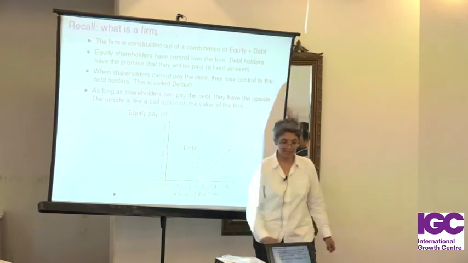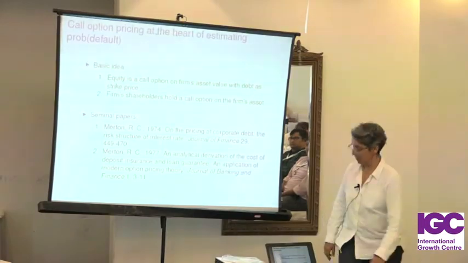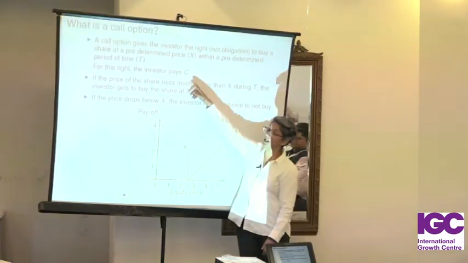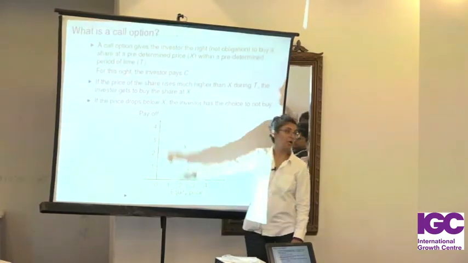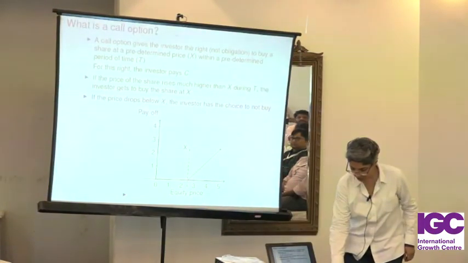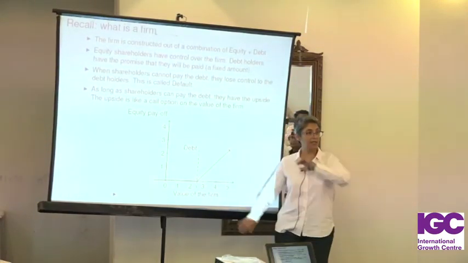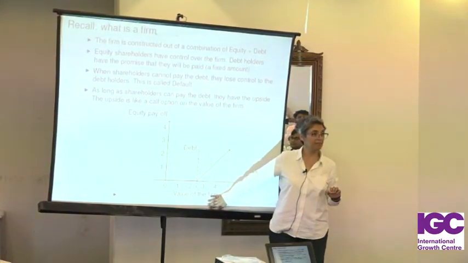Now, in the previous case, we said, I see the equity price, I need to calculate how much C it is. If C is equal to equity, in the second one, I see the equity price, I need to estimate the V. Okay?